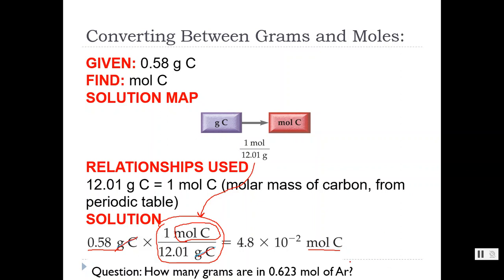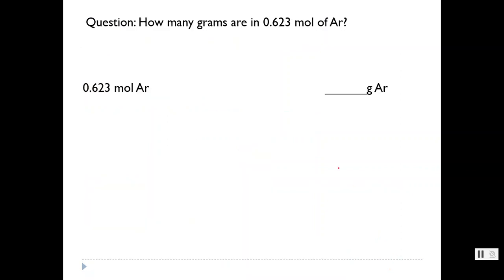Let's do something similar with argon. We want to know how many grams are in 0.623 moles of argon. You write down what you're given. Give yourself some space to work the problem. Write down the unit that you're looking for. And then in that space, write down the appropriate conversion factor, which in this case is going to be the molar mass of argon.